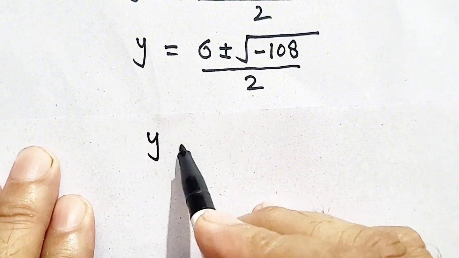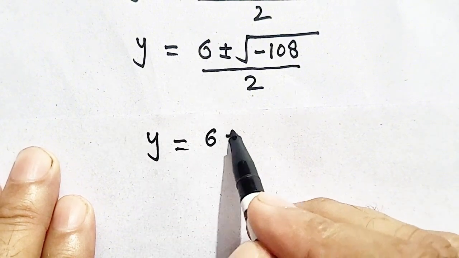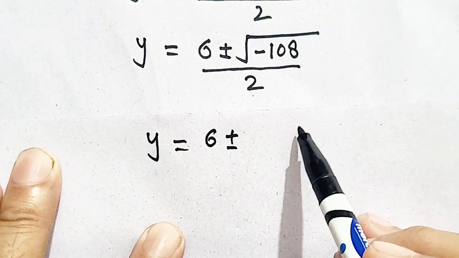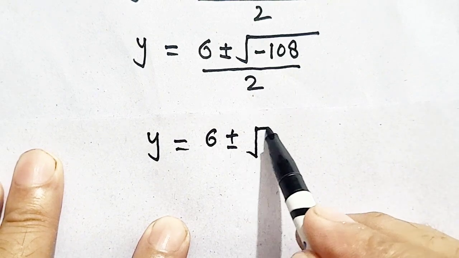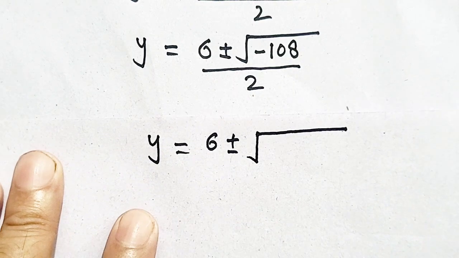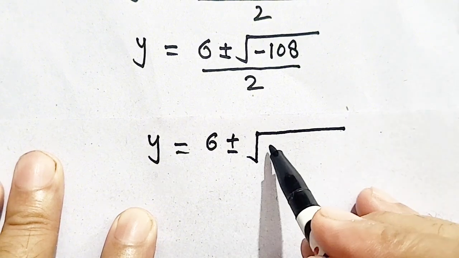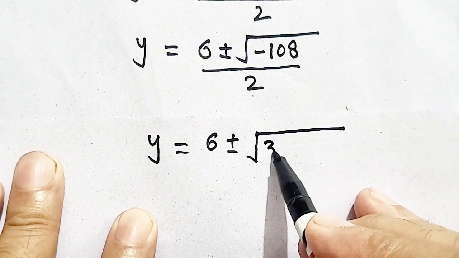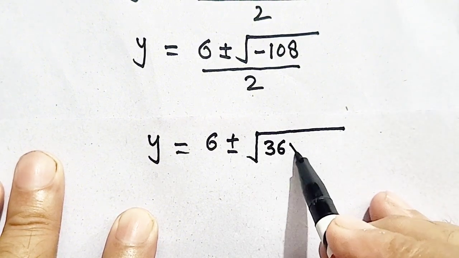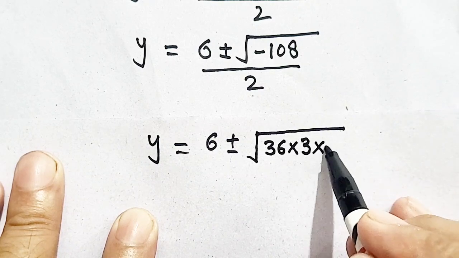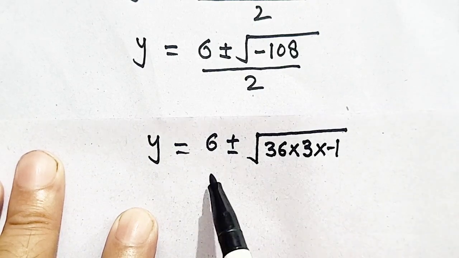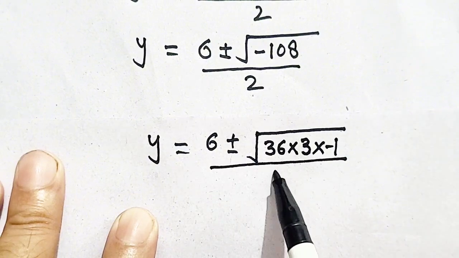So y will be equal to 6 plus minus, now we will make factors of 108. So factors will be 36 times 3 times minus 1, divided by 2.